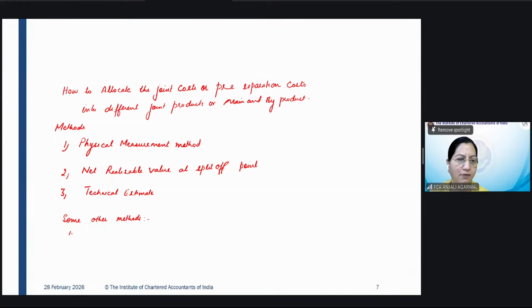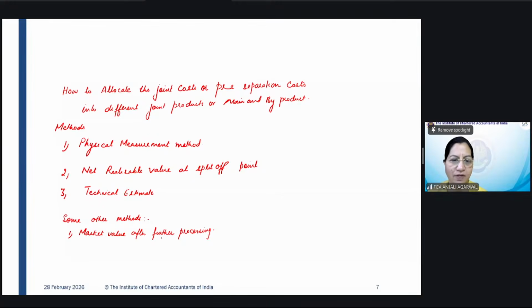For example, you can use the market value after further processing. So sometimes you can find out the market value of the joint products, but they are not sellable like that. You have to process them further and then you sell them.